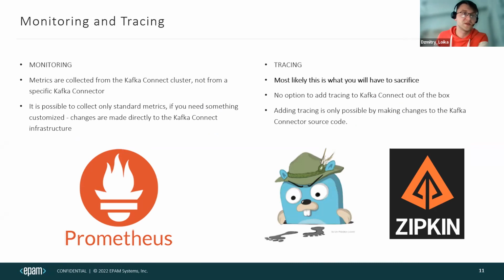Monitoring is enabled for the whole Kafka Connect infrastructure. That means out of the box, this solution has a list of standard metrics, and you can collect them and use them in your operational work.